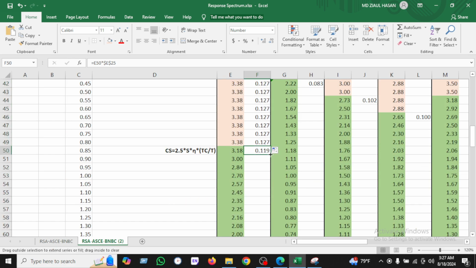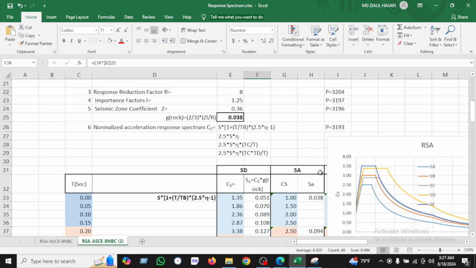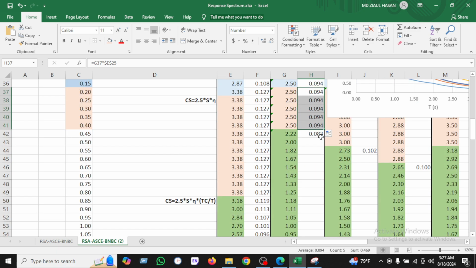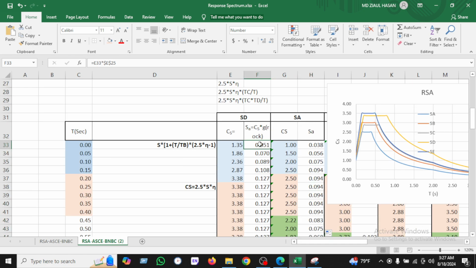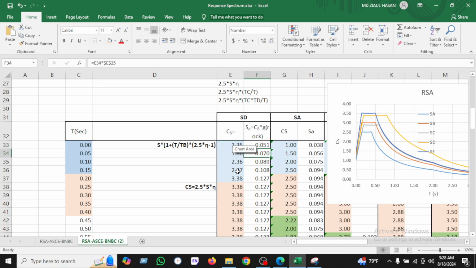I have already put this formula here. I'm just clicking and found it here for the fourth, and this is for the fifth. In the same way you can use it for the second SA. Here you can see the first cell and this cell, PGA rock, and multiply and found this value.